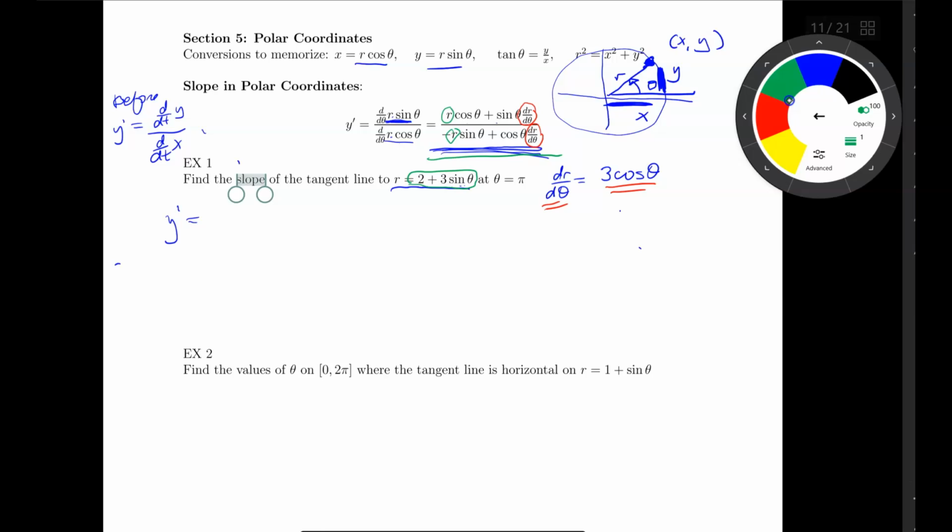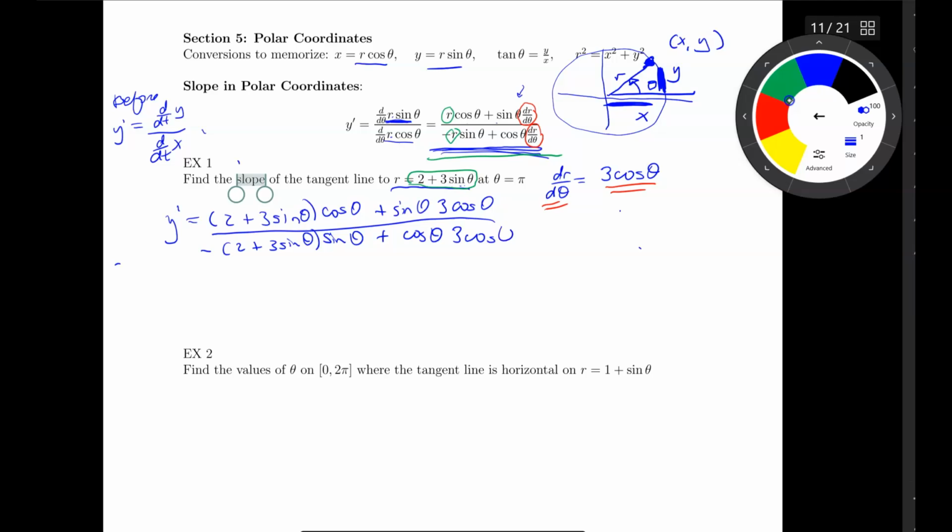All right, so here we go. First off, I'm going to put in r. So 2 plus 3 sine theta times the cosine of theta plus sine of theta times my dr d theta, which is 3 cosine theta, all over negative r sine theta plus cosine theta times my dr d theta.